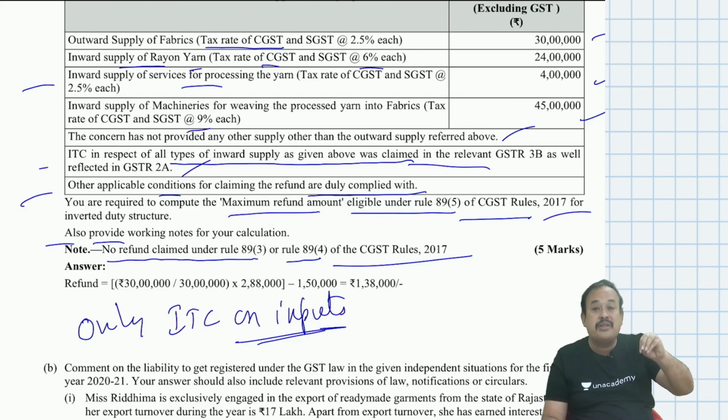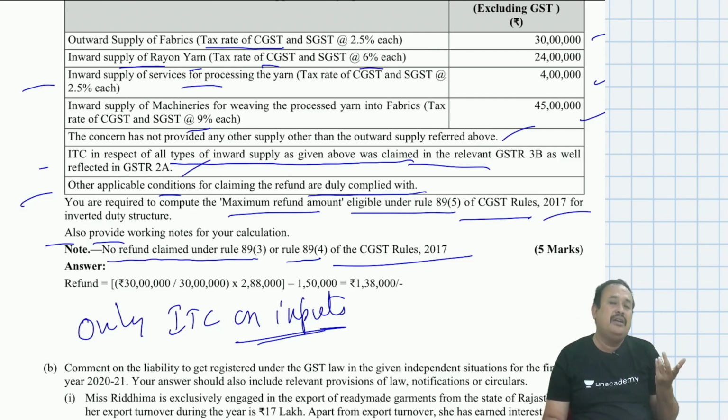Section 54 sub section 3 clause 2 of the CGST Act, resulting that when you apply the formula, inverted rate turnover divided by total turnover multiplied by total credit on input goods, from that deduct tax payable on inverted turnover. If there is a surplus, you can ask for refund.